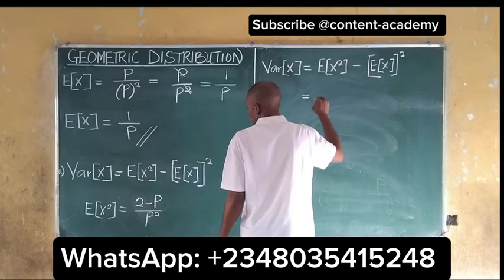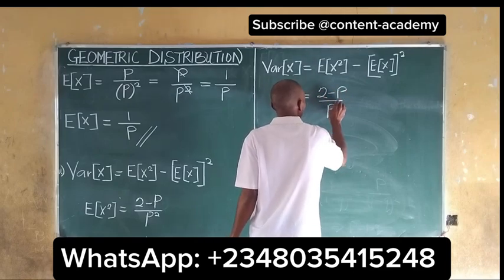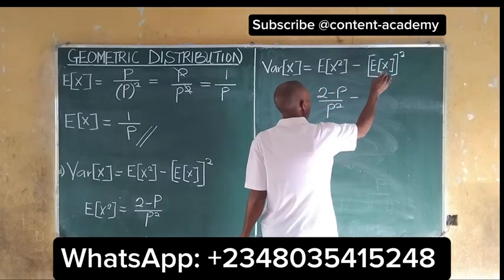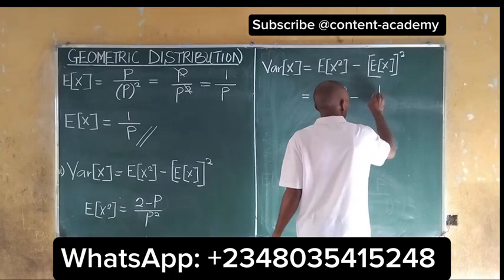We have that the expected value of x squared is 2 minus p all over p squared, minus the expected value of x, which we got as 1 all over p.